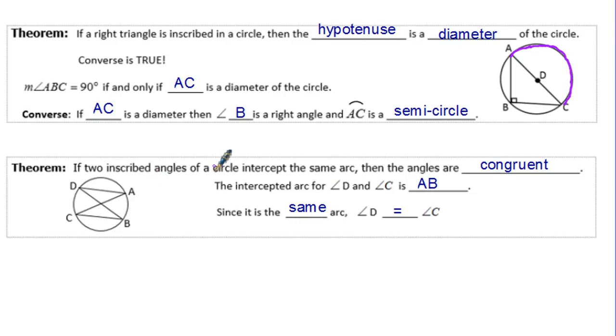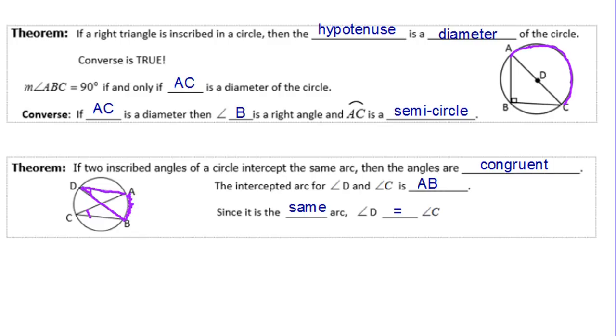If two inscribed angles of a circle intercept the same arc, then the angles have to be congruent. So for this example, we have angle D and angle C. If you take a look at the cone that is created for angle D, you get an ice cream, or an arc, of AB.